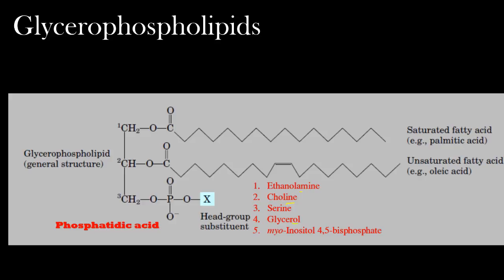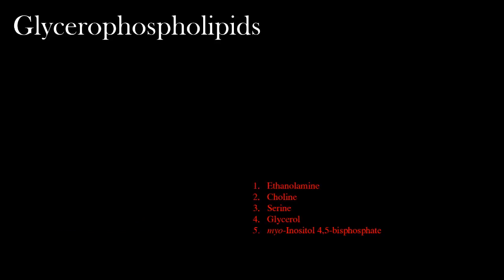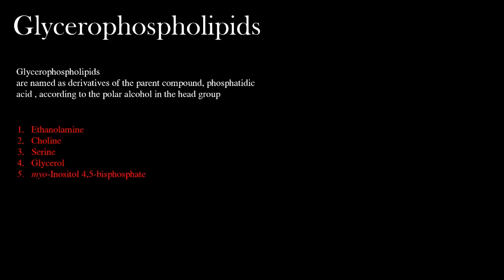Next we see the naming of glycerophospholipids. The glycerophospholipids are named as derivatives of the parent compound, phosphatidic acid, according to the polar alcohol in the head group. If a phosphatidic acid has an ethanolamine head group, then they are called phosphatidylethanolamine.